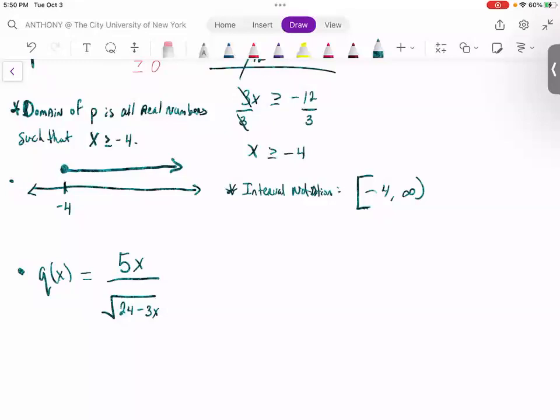For 24 minus 3x, we're looking for the values of x that make that bottom positive. Because you have that square root in the denominator, you would have looked for numbers that are 0 or positive. But if it's 0, that's bad for us because we cannot divide by 0. So the expression 24 minus 3x must always be positive, hence we just say greater than 0.